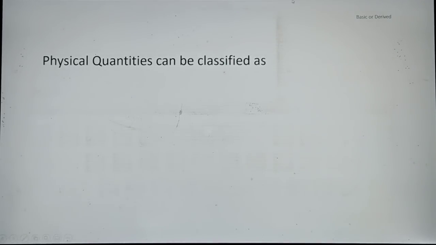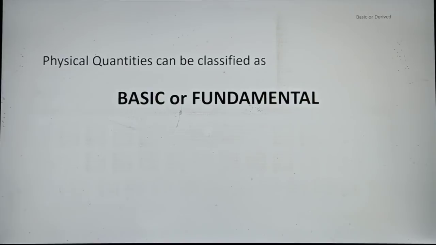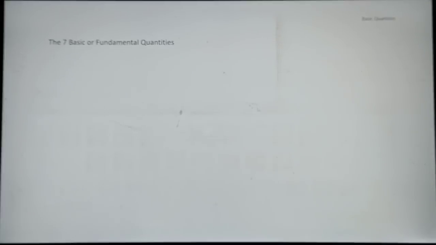Physical quantities can be classified as either basic or fundamental, and derived quantities. Now, how do they differ from each other? The difference is in the way the measures of these quantities are obtained. The basic or fundamental quantities.